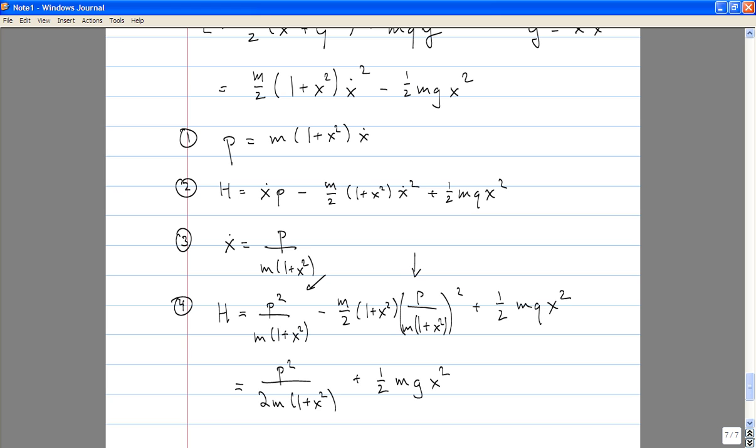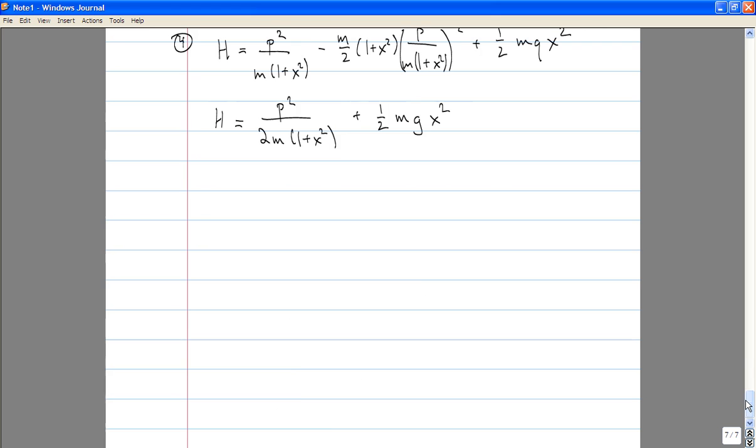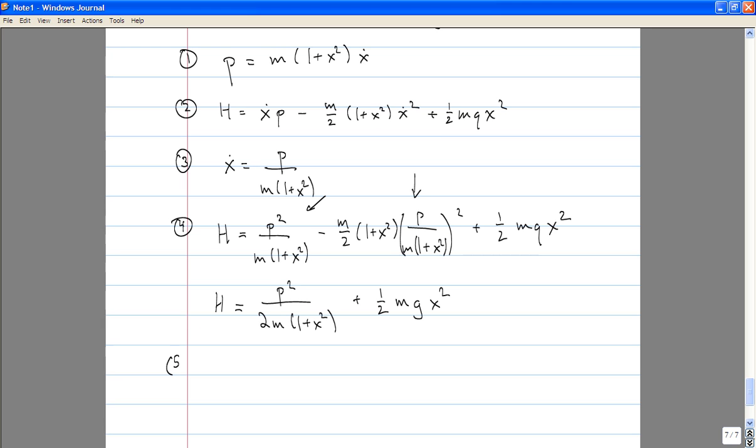And this Hamiltonian is now written in terms of p and x, so we could then go ahead and compute the equations of motion by setting x dot to be equal to dH by dp, which would be p over m times 1 plus x squared. And p dot is minus dH by dx, which in this case will be a little more complicated because both the kinetic and the potential energy have a dependence on x.